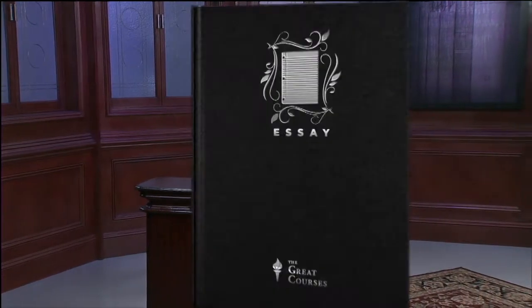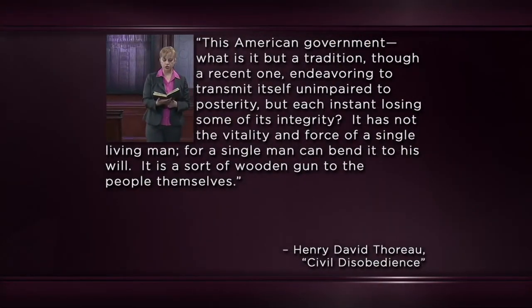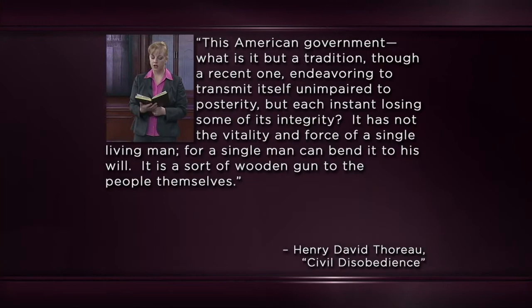Let's take a look at how Thoreau establishes the terms of his argument in the second paragraph of Civil Disobedience. This is a paragraph that will serve as a microcosmic guide for the organization of the essay as a whole. And Thoreau says, "This American government, what is it but a tradition, though a recent one?